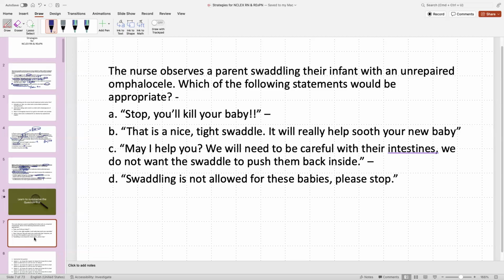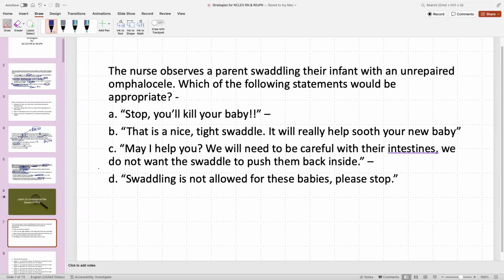Awesome. And the first option is more direct. It is not really teaching the parent how to do it correctly. Very good. So I would say option C is the correct answer. Option C is the correct answer.